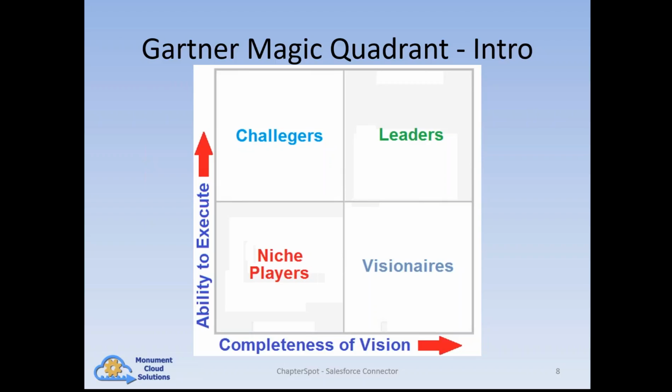These are organizations that are great at executing, but they may have more limited vision. And then in the bottom right, you have the visionaries. They have a very complete vision, but perhaps relatively little ability to execute. And then finally, in the upper right, you've got the quadrant of leaders. These are companies that have both the ability to execute and a complete vision.